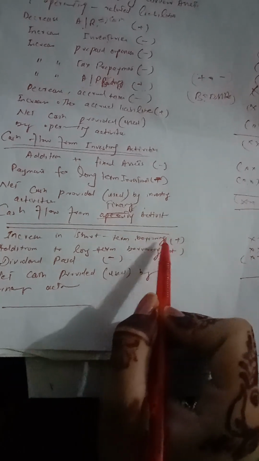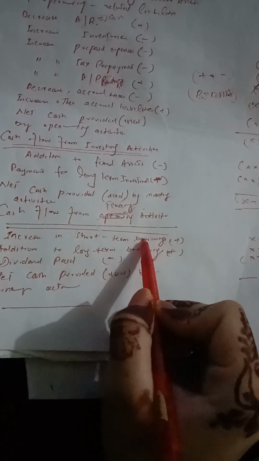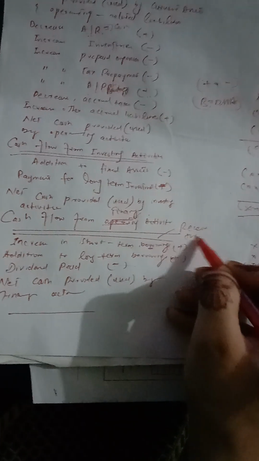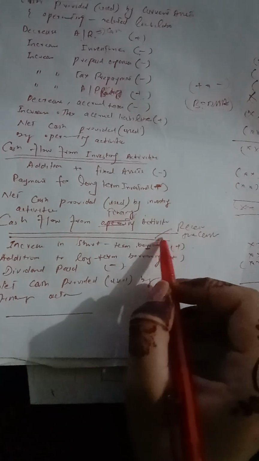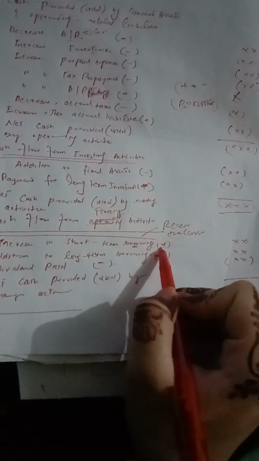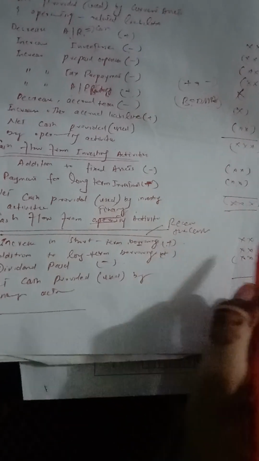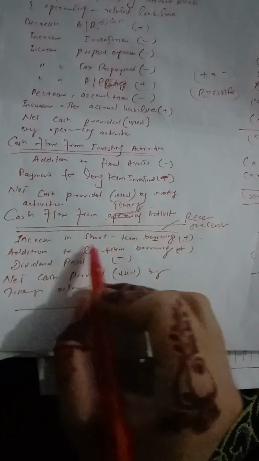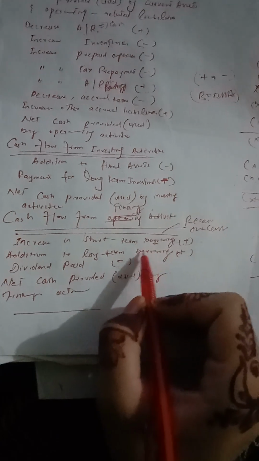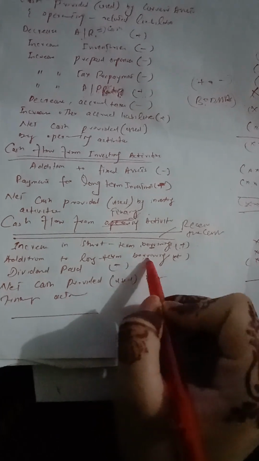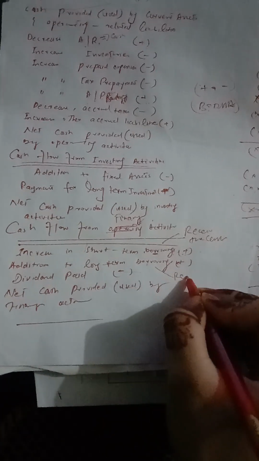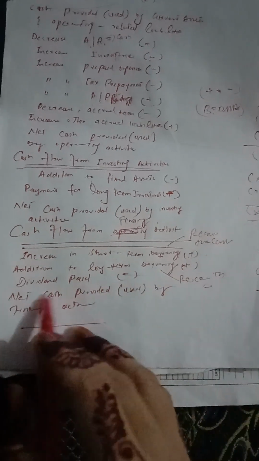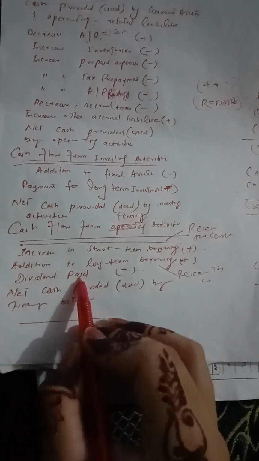Whenever you borrow, it means that you receive the cash, and when you receive the cash, of course it will be added, and whatever you add, it will be without brackets. Addition to long-term borrowings. When you make long-term borrowings, you have received the cash and it will also be added. After that, you have to pay the dividend.